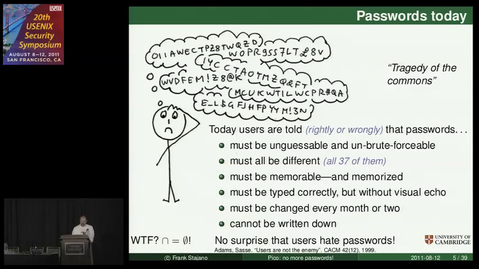And this is just the same as what happens here, where the farmers, in this case, are the people who put up the authentication system based on passwords. So, for example, a developer who makes a new website says, okay, how am I going to authenticate my users? What's the easiest thing I can do? A password, of course. And I don't have to explain it to them. They already use a password in 37 other instances. And why is it going to be a problem if I also do it for the 38th?